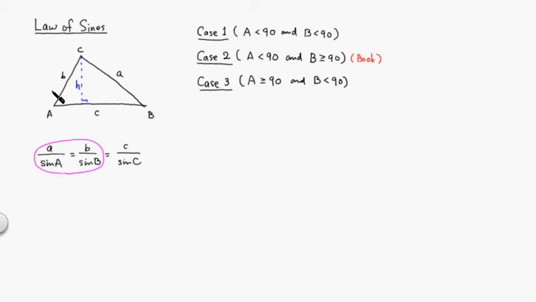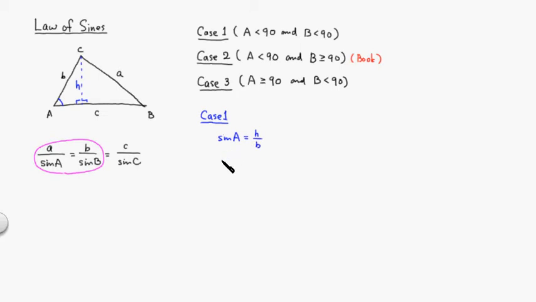So this is case 1. What would be the sine of A? Sine of A, this angle, would be opposite over hypotenuse, so this is exactly H over b.